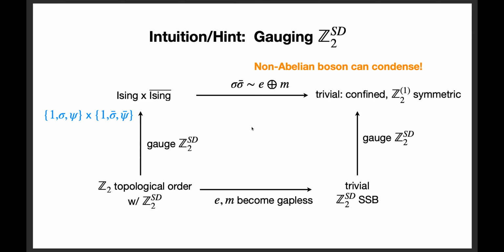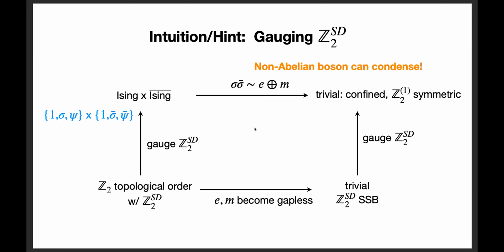We know that the condensed algebra that contains sigma sigma-bar, there's only one of them, also contains psi psi-bar, which means that once you tune the mass of sigma sigma-bar to zero, the mass of psi psi-bar will also go to zero. So this line of transition will give us a trivial confined phase that has no topological order.